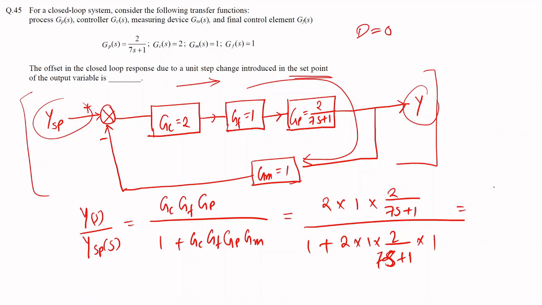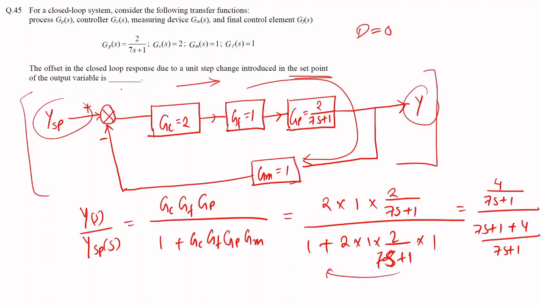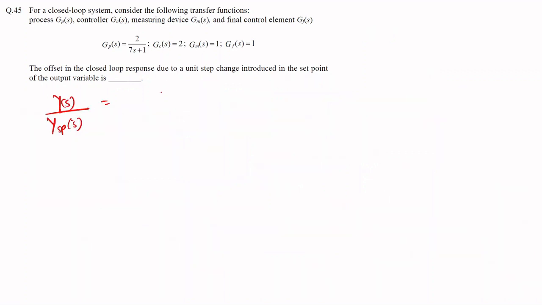That is, we can write this as 4/(7s+1) upon (7s+1+4)/(7s+1). We can further simplify this as Y(s)/YSP(s) equal to, so this 7s+1 will get cancelled out and we will have 4/(7s+5).